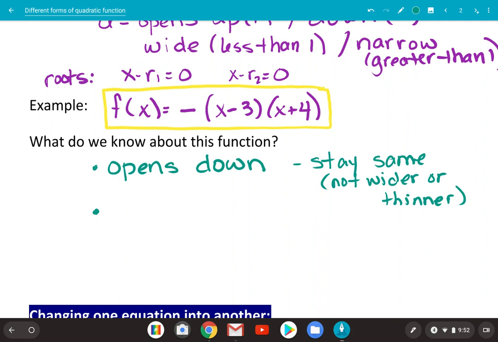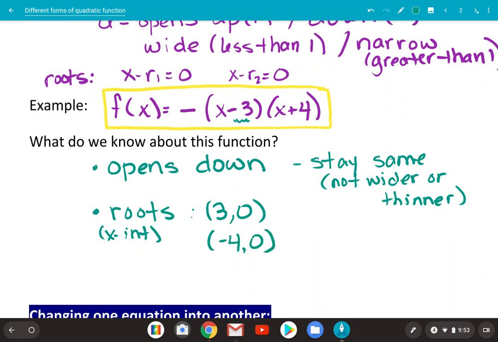All right, the other one is going to be the roots. These are the x-intercepts. Remember how we did it for vertex? It was always the opposite of what was here. Same thing. So our roots are going to be opposite of negative 3, 0, and opposite of positive 4.